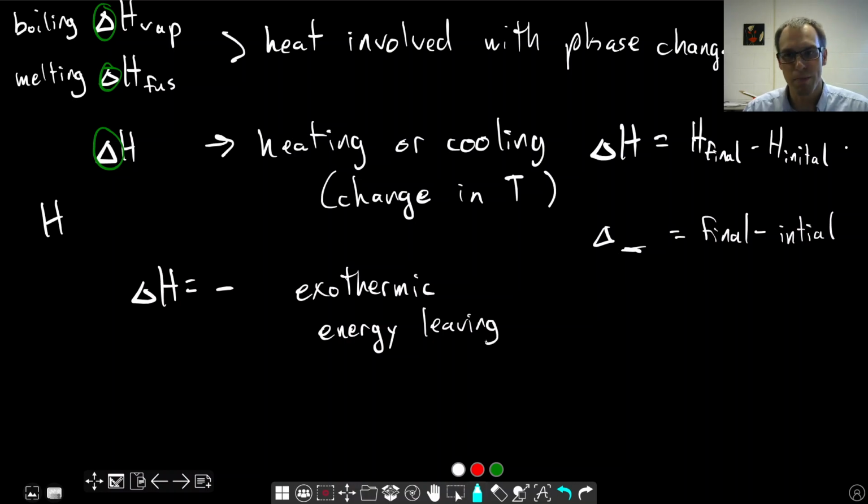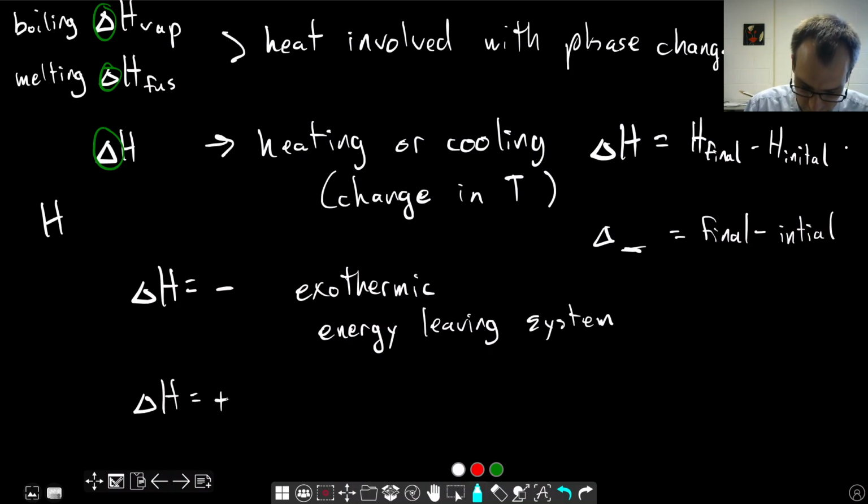If work is done by the system, if the energy leaves the system because the system is doing work, that's also negative. But we're mostly going to focus on the idea of heat. So energy leaving the system. Whereas delta H being positive is what we call endothermic. And that's energy coming into the system.